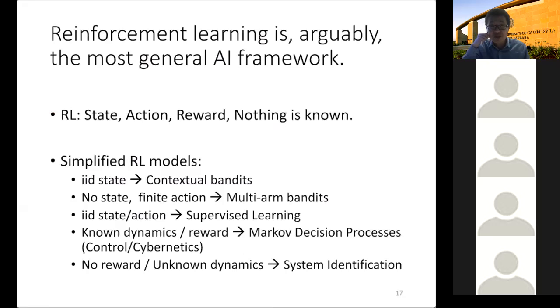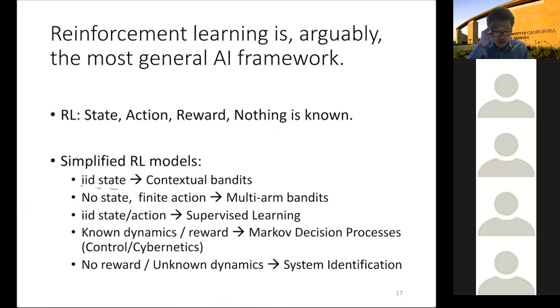So we can often cast most other machine learning settings that are simpler as special cases of reinforcement learning. For instance, say in contextual bandits. This is about simplifying away the dynamics and state transitions. So let's say that the states are IID sampled from some distribution. IID stands for independent and identically distributed.